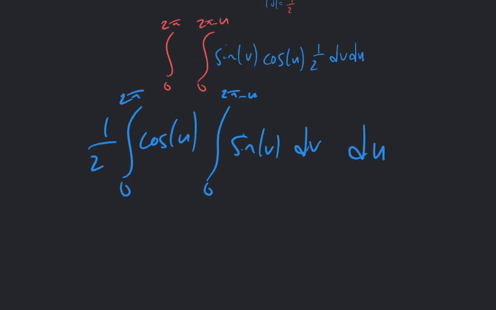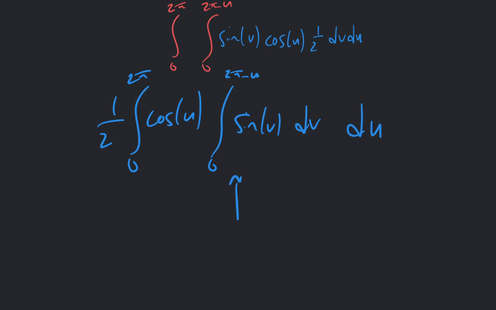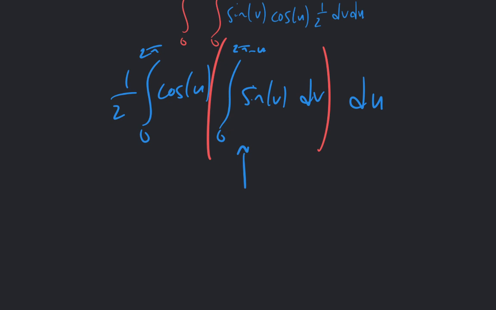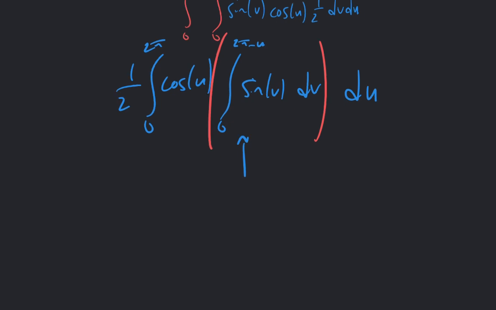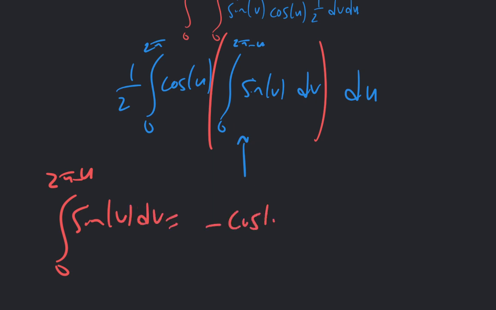And we're going to do this inside part first separately, because we're going to multiply it all out anyway. So let's take the integral from 0 to 2 pi minus u of sine of v dv, and this is equal to minus cosine of v from 0 to 2 pi minus u.